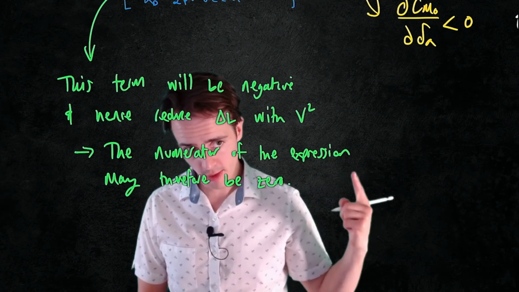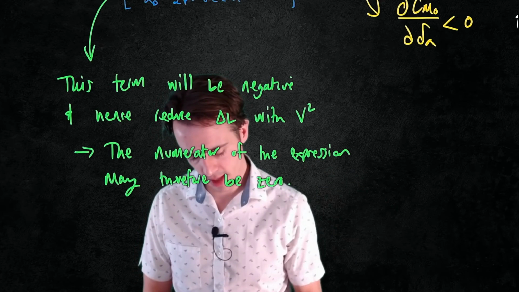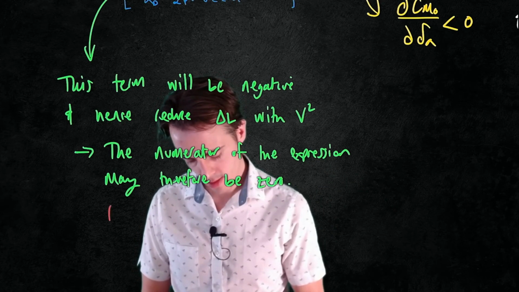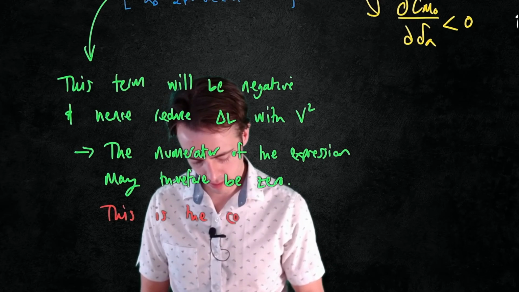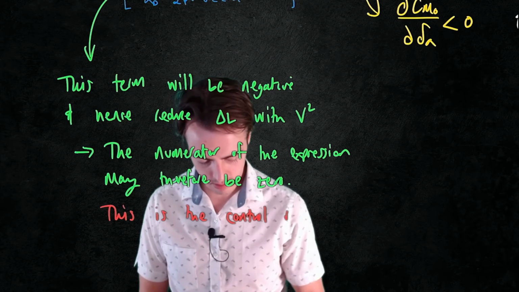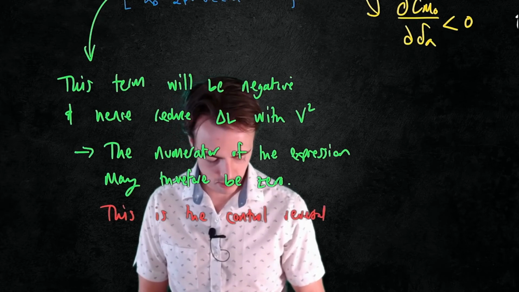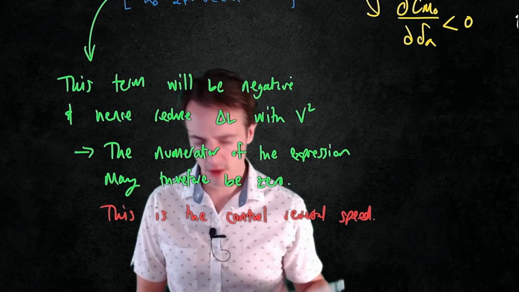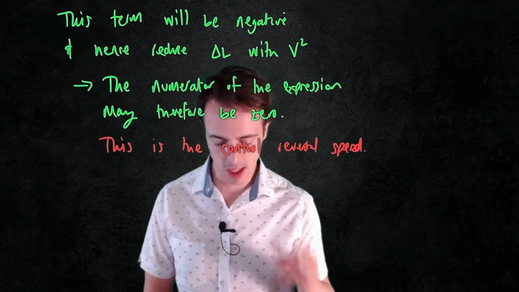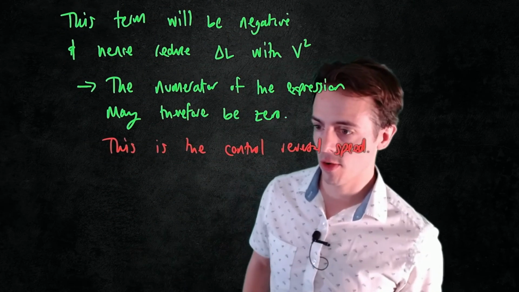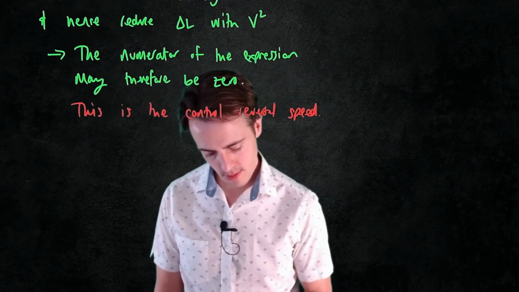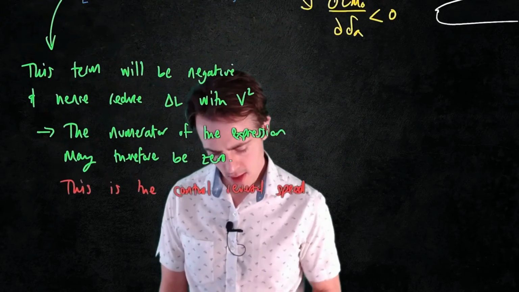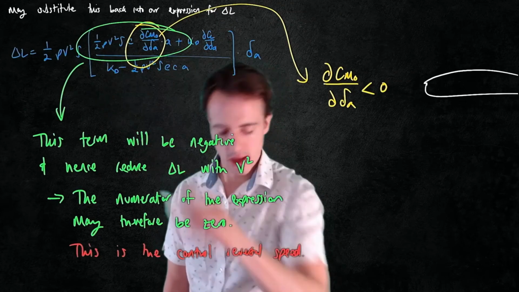So when the numerator is 0, this is the control reversal speed, or the critical aileron control reversal speed, I think I called it earlier. It doesn't really matter, it's just the speed at which the controls are reversed. So that's going to happen when this whole top bit is equal to 0.